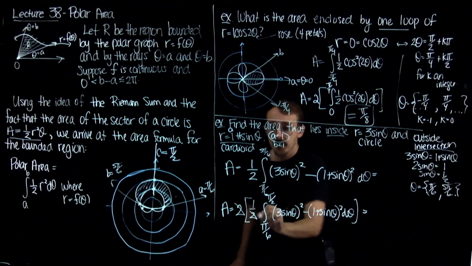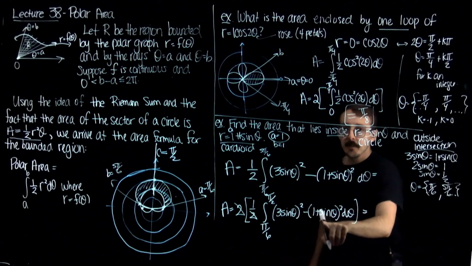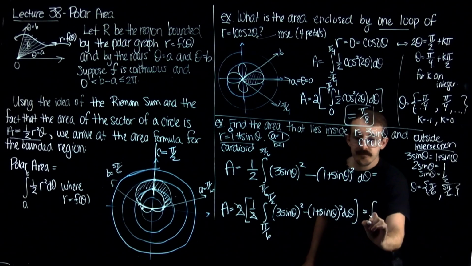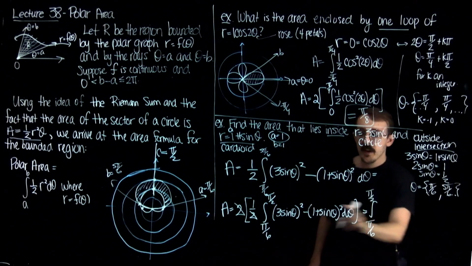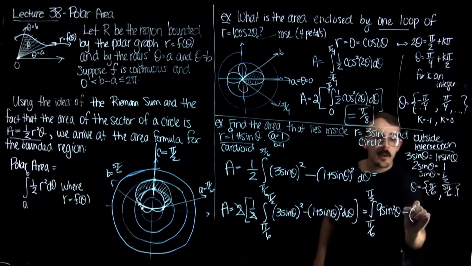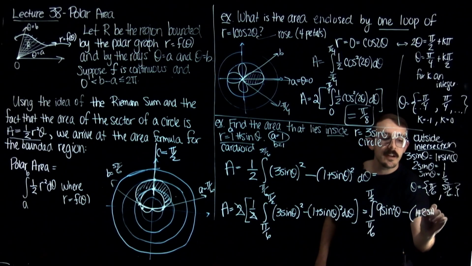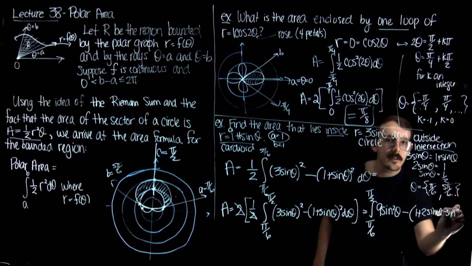So we're going to multiply both of those out, so that's gone. We're going to simplify this as much as we can. So this is the integral from pi over 6 to pi over 2 of 9 sine squared. And this, if you FOIL this out, it's going to be minus 1 plus 2 sine theta, and then minus sine squared theta.